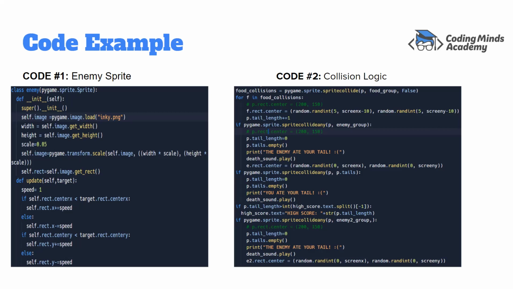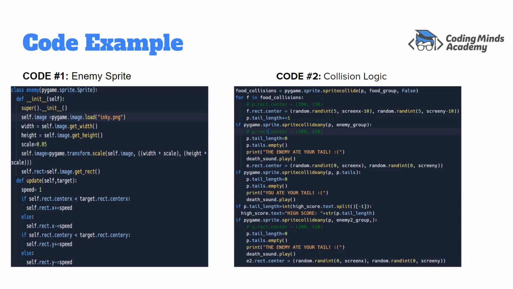The size of the enemy is based on width times scale and height times scale. It gets a rect, so it can detect what it touches. And the bottom one is if the player is right of the enemy, the enemy goes to the right, and if the player is above the enemy, the enemy goes above.